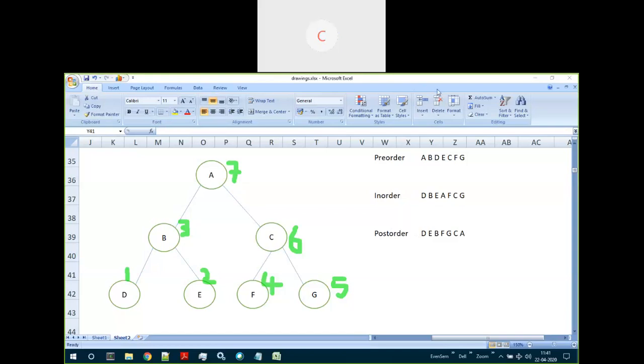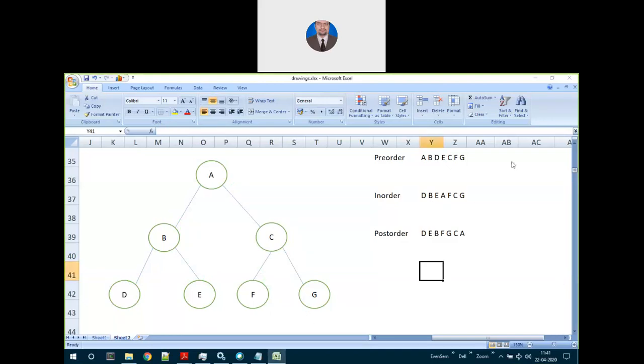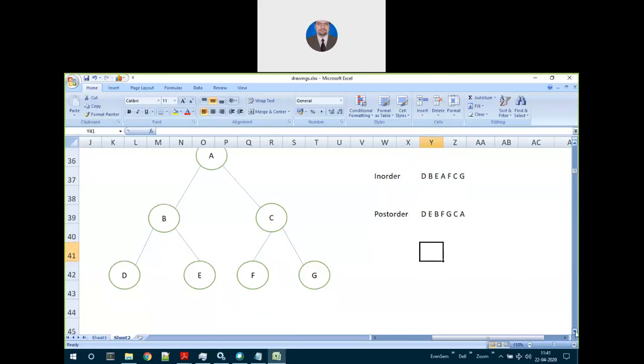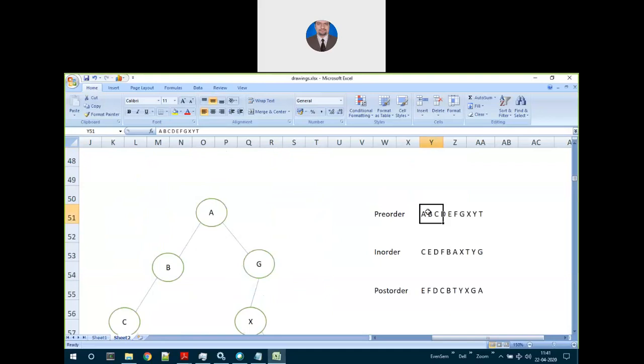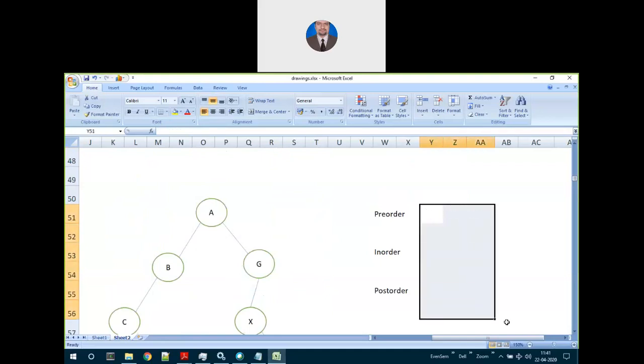Any doubts? If anybody has any doubts, you can unmute yourself and ask. Any doubts, students? No, sir. Okay, fine. Let us solve certain more examples over here. So the next example, yes, I have it.